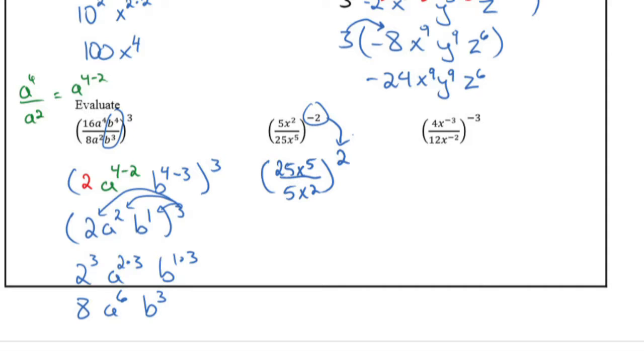Now I can simplify everything inside the brackets. 25 divided by 5 is going to give me 5, and then I'm going to have x to the 5 minus 2. Because I am dividing, I subtract my exponents.